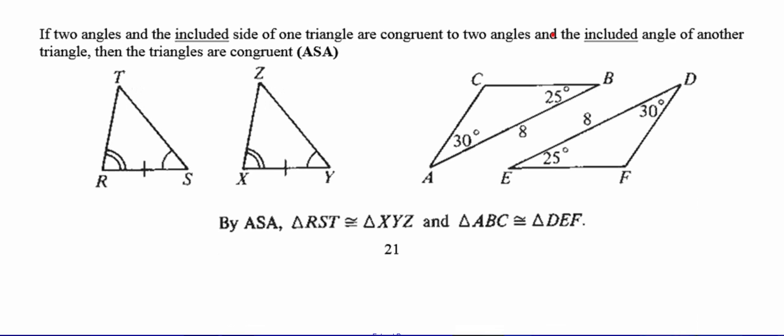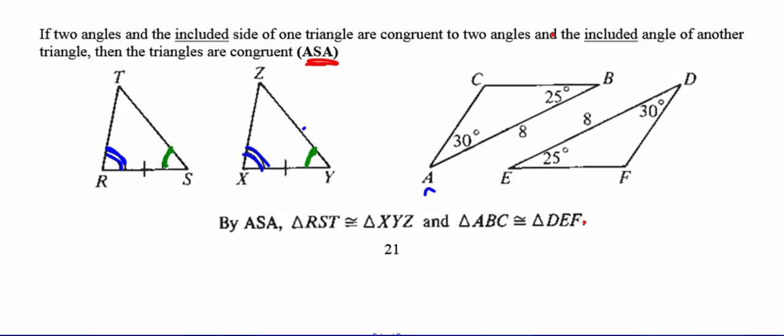And then lastly, the third condition that we're going to be looking to meet here today is called angle side angle. This says that when 2 angles and the included side of one triangle are congruent to 2 angles and the included side of a second triangle, the 2 triangles are congruent. So here in the diagram, I've got my blue angles that are congruent to each other. I've got my green angles that are congruent to each other.